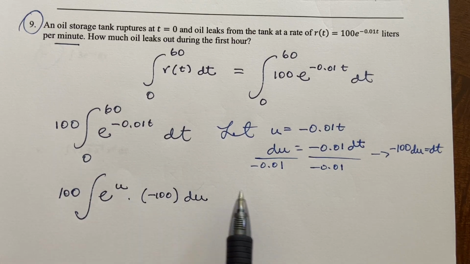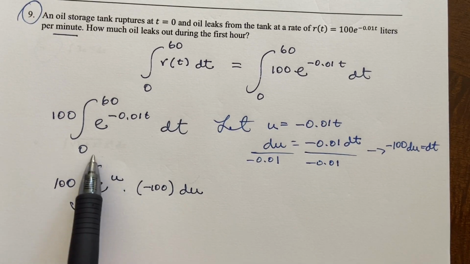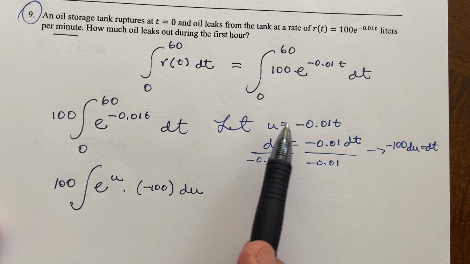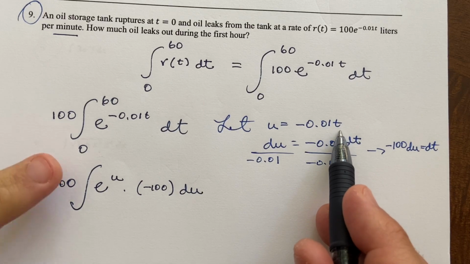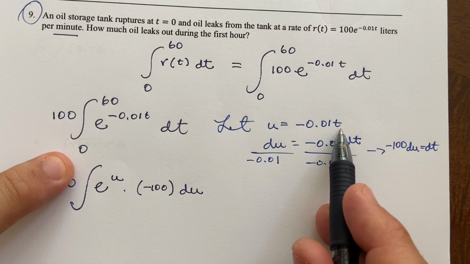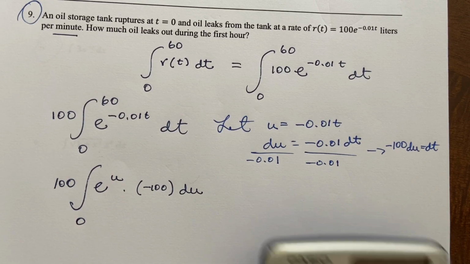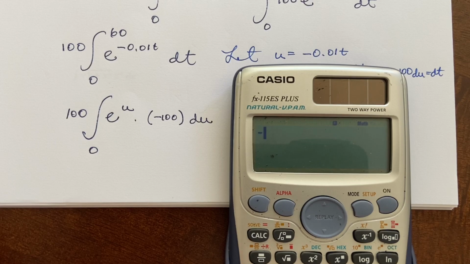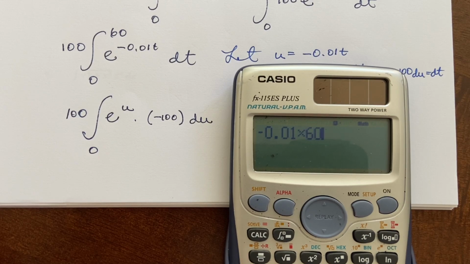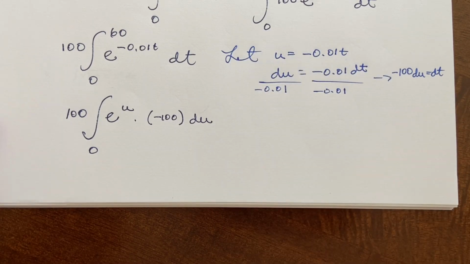We would just integrate and then go back to t's, or we could switch these. So if I plug the lower limit into my substitution here, when t is 0, my lower limit is still 0. If I plug in the upper limit, negative 0.01 times 60, the new upper limit is negative 3/5.